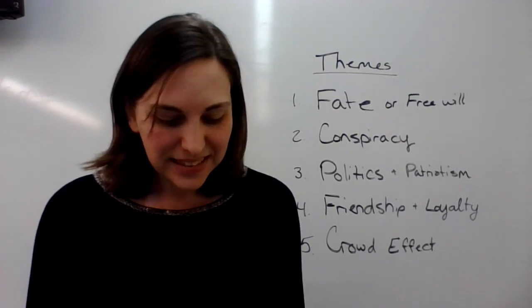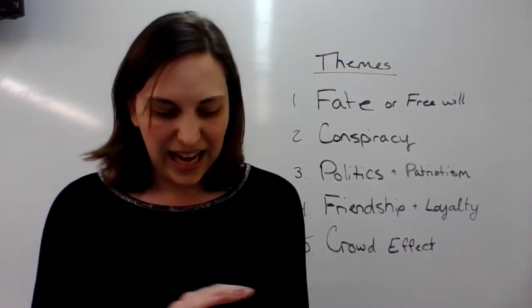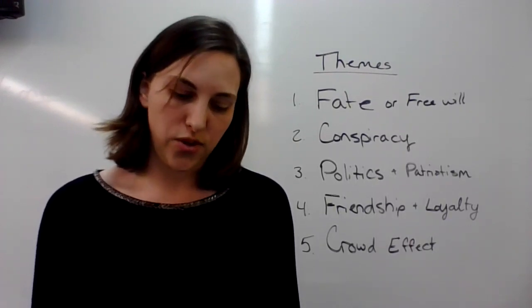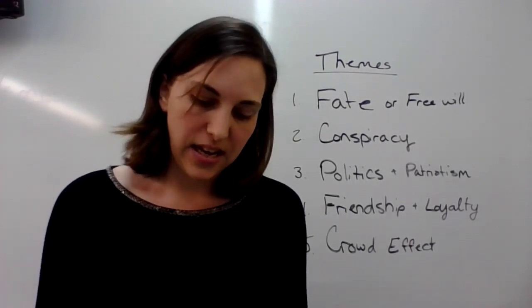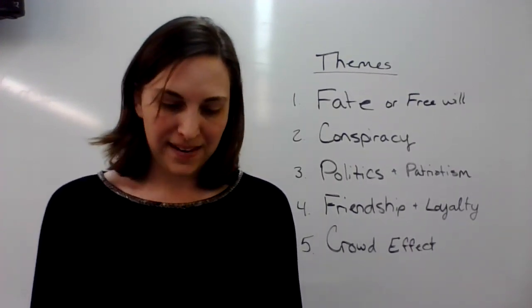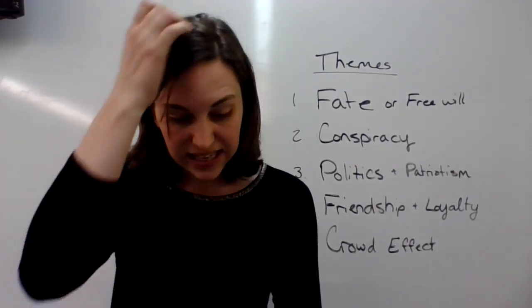Spoiler alert. It's just kind of a technique of Shakespeare to add some suspense and intensity to this play leading up to the killing of Caesar. And I'm actually going to stop right there with this video, okay?